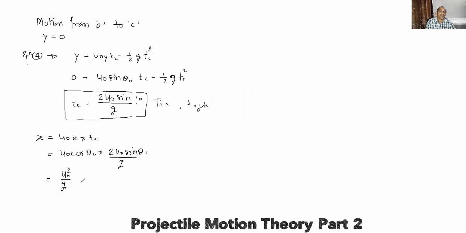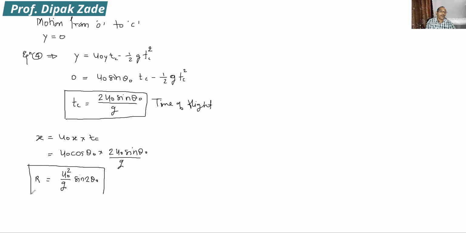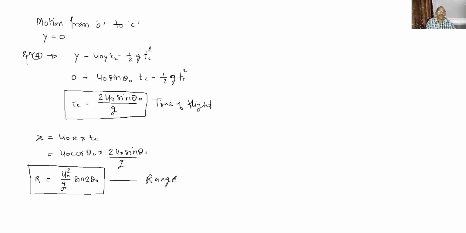That means 2 sin theta cos theta, which is sine of 2 theta 0. So x, the range of the projectile, is u0 square upon g into sine of 2 theta 0. This is our range.